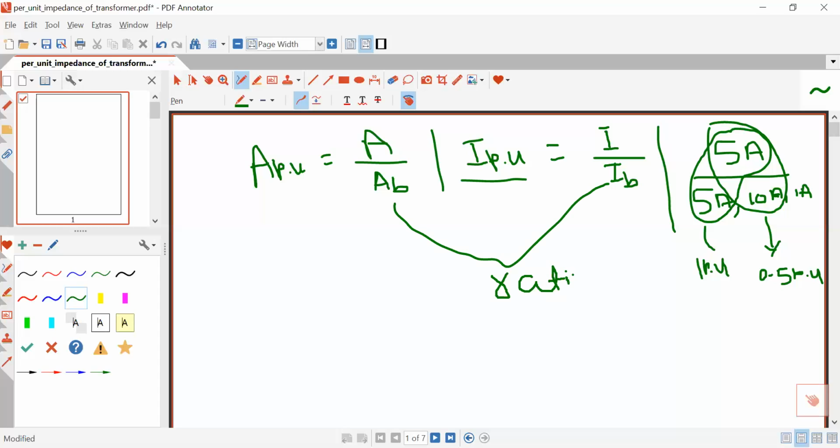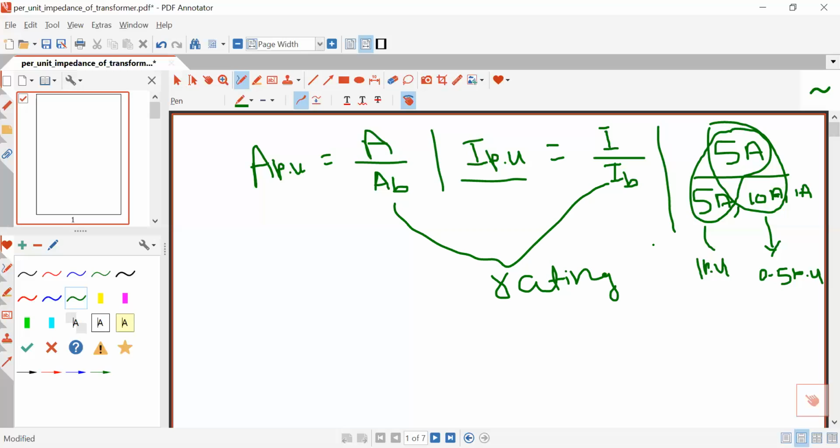If all students consider the rating of the machine as the base value, then the answer of all students will be the same. To make uniformity only, it is suggested to consider the rating of the machine as the base value.